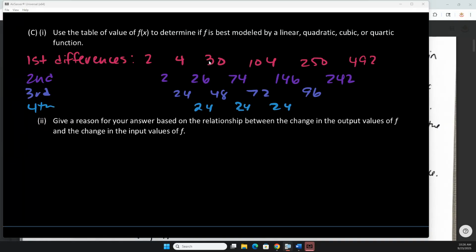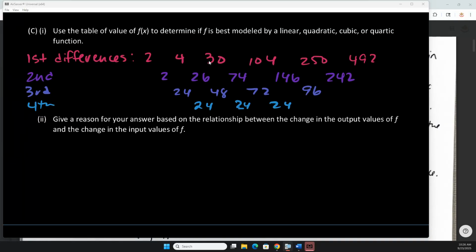So because of that, somewhere we need to write that this is quartic. Like I said, writing out those differences isn't required, but it will help you on the second point if you just don't say everything perfectly right.